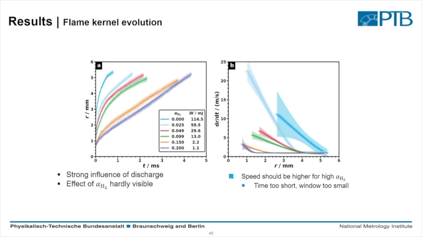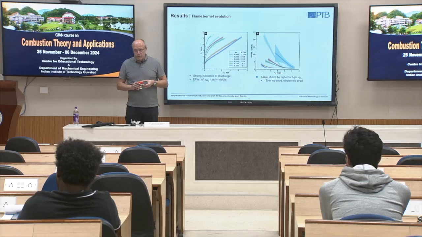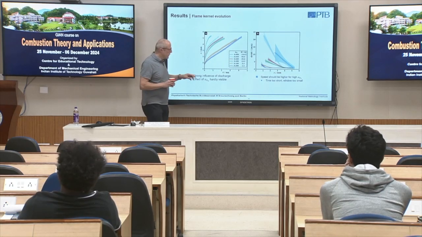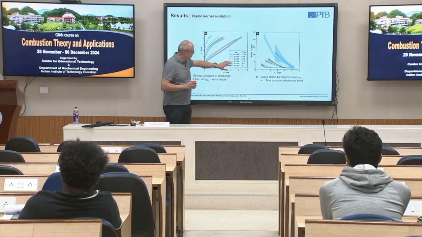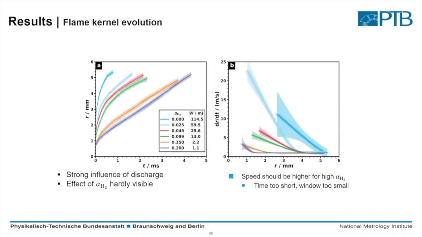Now I have to correct myself. There is a difference, and of course there is a big difference in chemistry. But the question is, when does this start? If we compare a pure hydrogen with a pure ammonia flame, hydrogen ignites much earlier. If we have 10% hydrogen and ammonia, this is still igniting like in an ammonia flame. But maybe here at 20%, the chemistry of hydrogen also becomes dominant. This we have not examined yet.